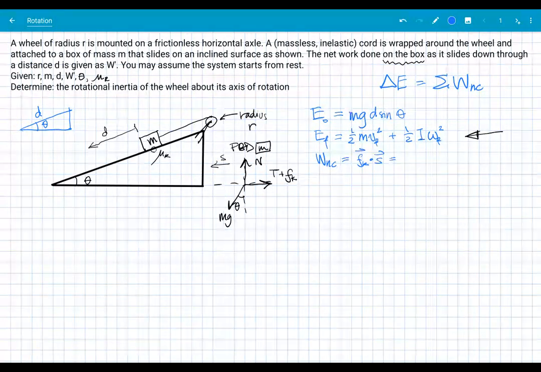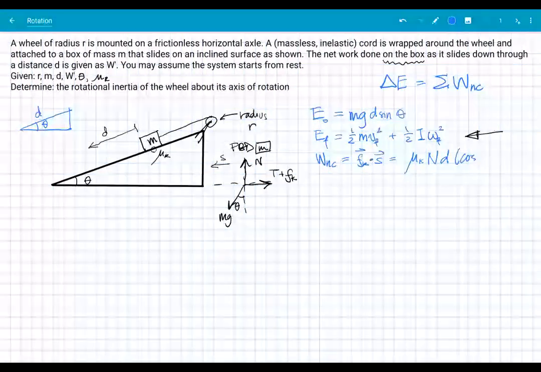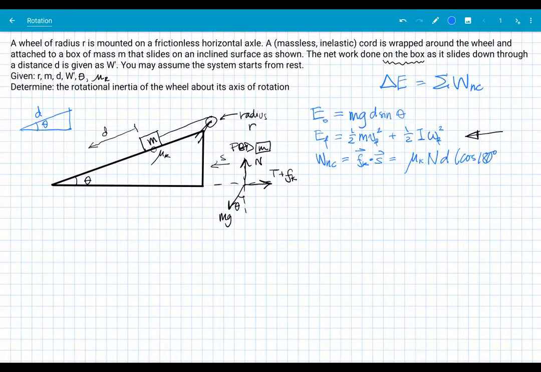That will give me here mu k times the normal force on the block multiplied by my displacement, which is equal to d multiplied by cosine 180 degrees here. There's 180 degrees between the direction of the frictional force and the direction of the displacement.